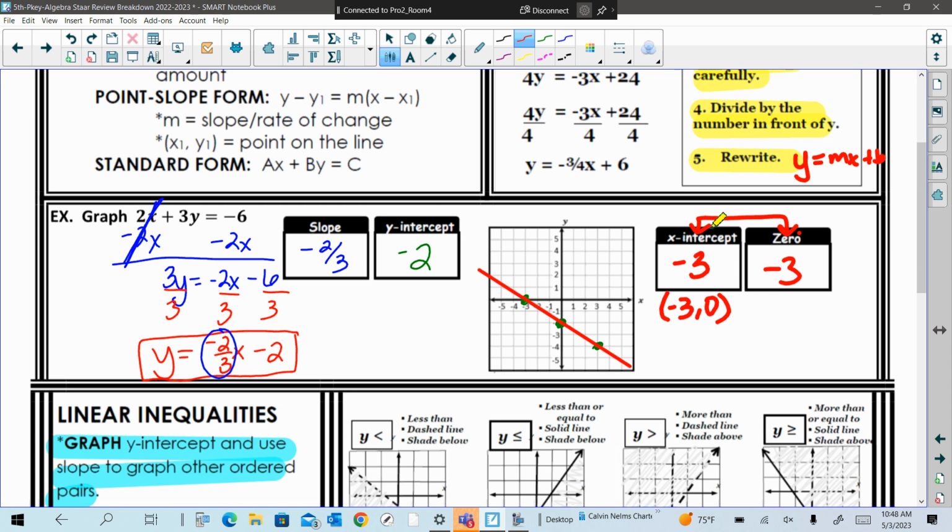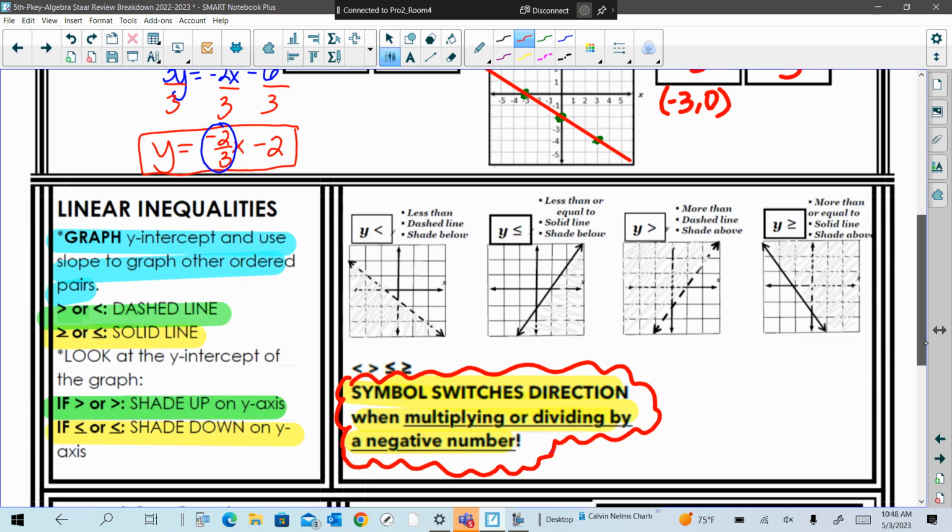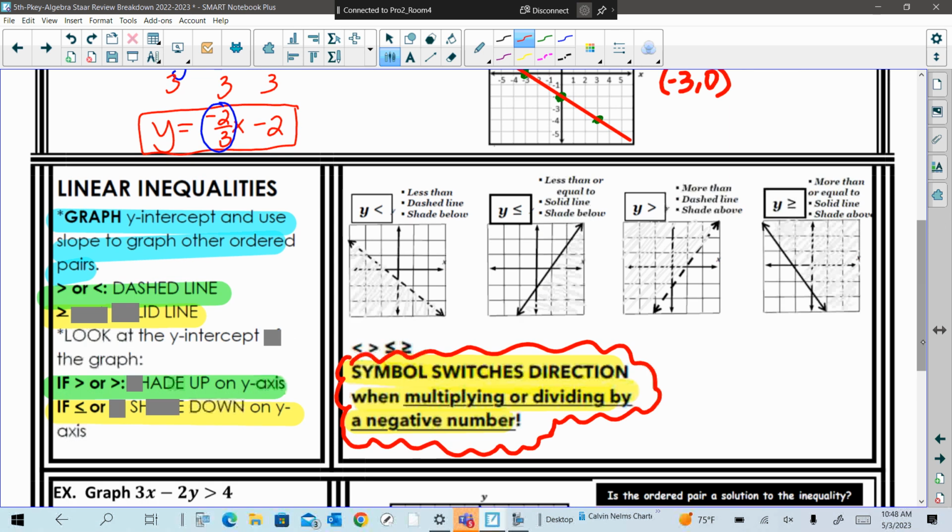All right. So besides graphing just an equation, you have to be able to graph the inequalities. So what I just did was, these are examples of each type. If it's less than, it's showing right here the symbol, the name of the symbol, the type of line, and how the shading happened. So here, I think I have the wrong one up, sorry. Here, because the symbol was less than, they shade it below.